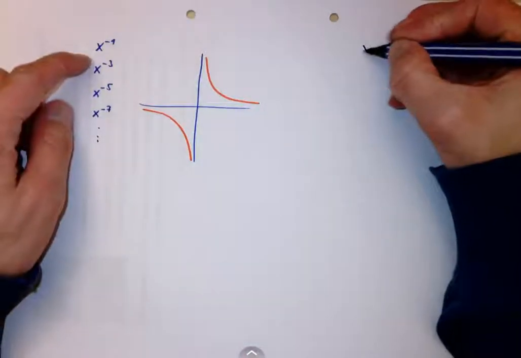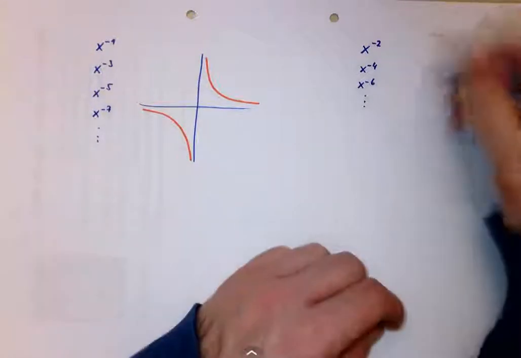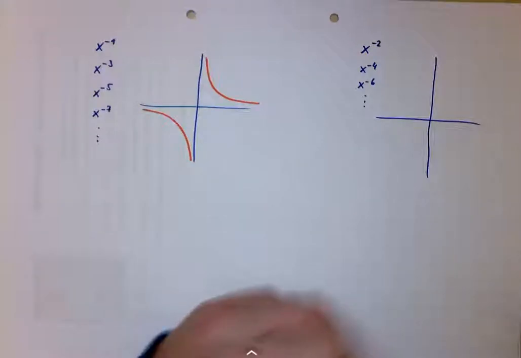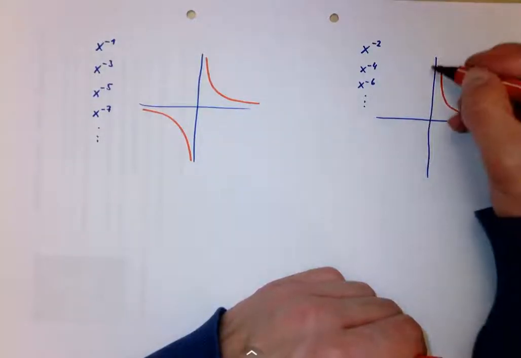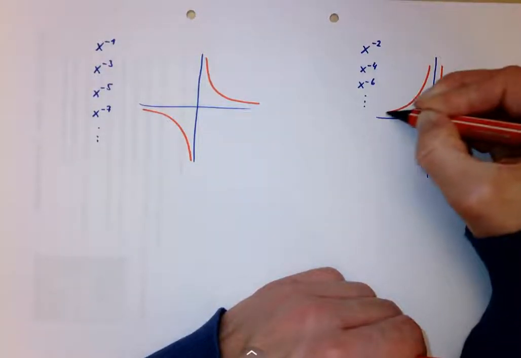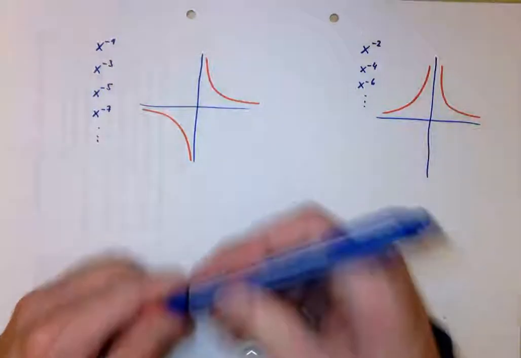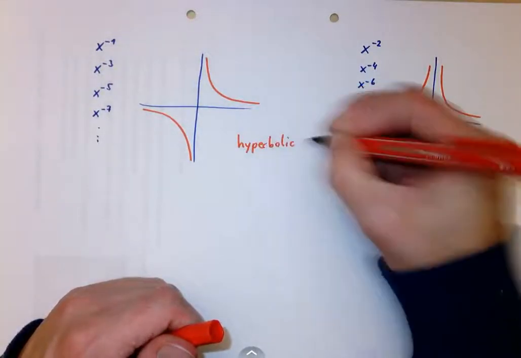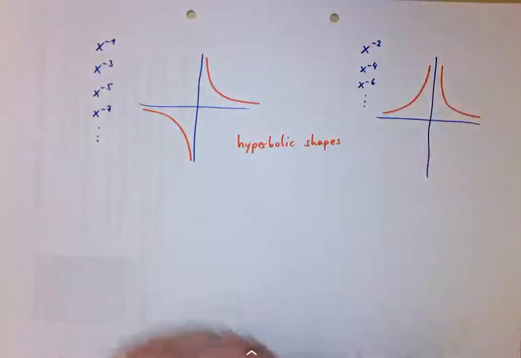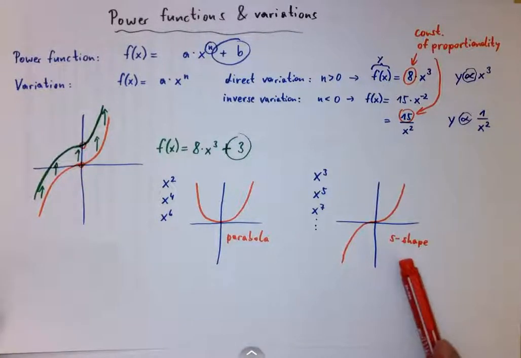While if the exponents are even and negative, it would look like this. This part would be quite similar, but this part would be different because it would be here. So these are the four general shapes of power functions. The negative shapes are called hyperbolic shapes. This one would be a parabolic shape, and this one would be an S shape.